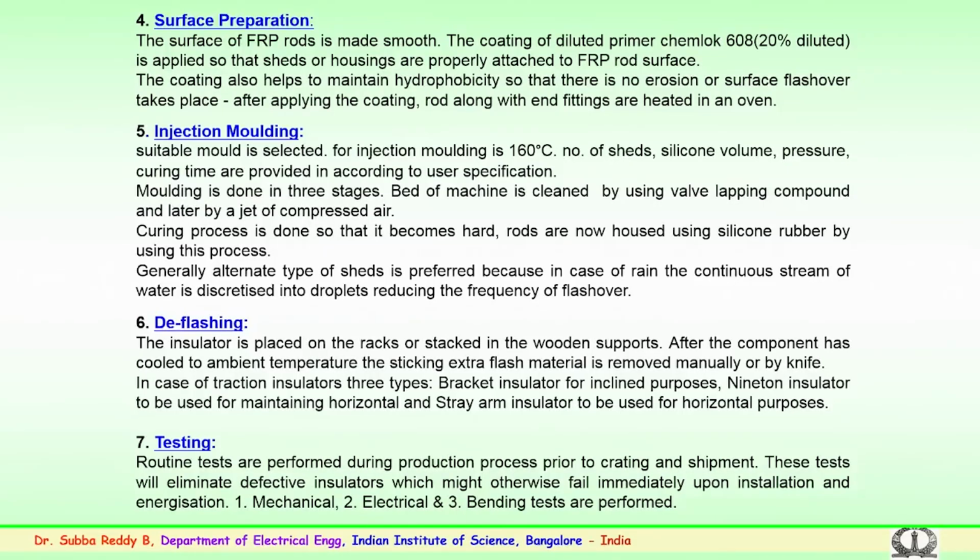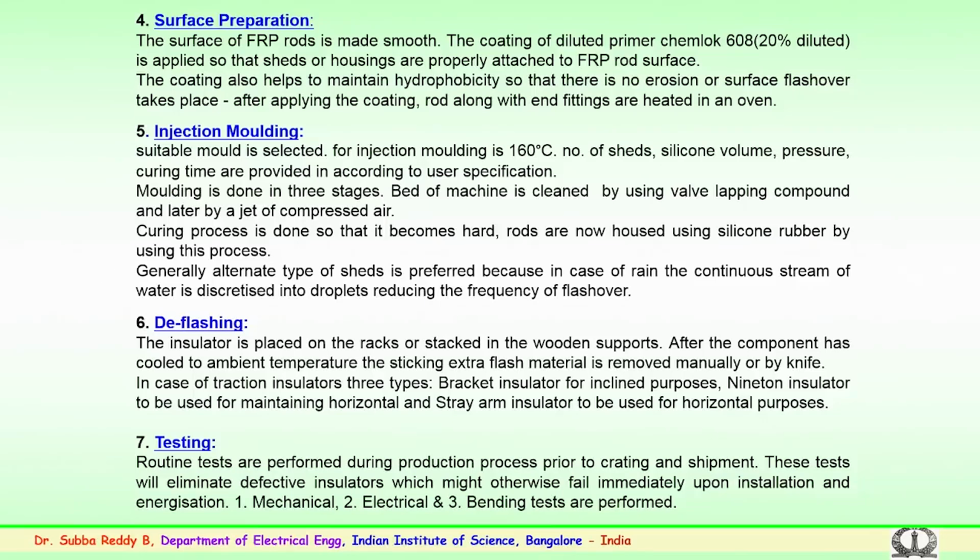So, here again the curing process is done so that this becomes hard, and the rods are now housed using silicon rubber by the process. Generally, alternate type of sheds are preferred. Earlier I mentioned why alternate type of sheds are important.